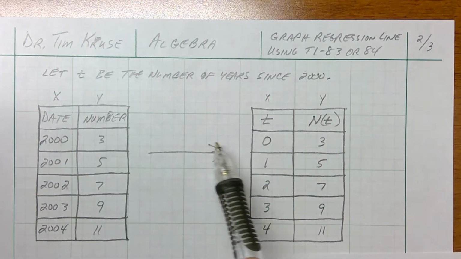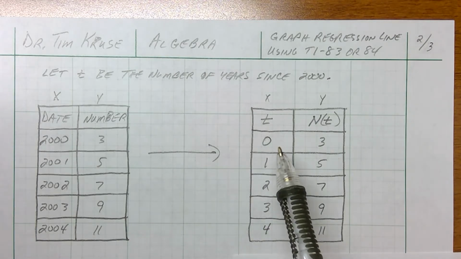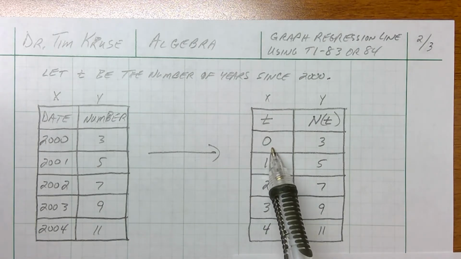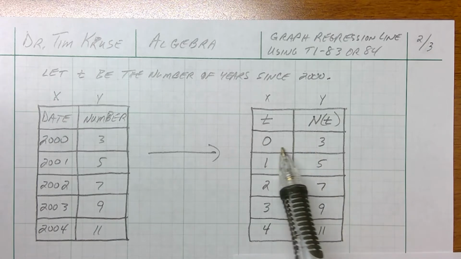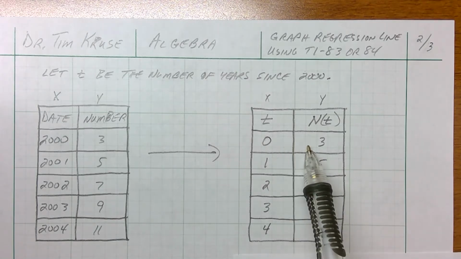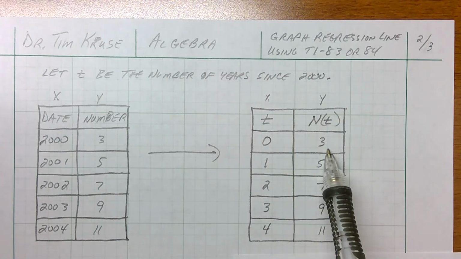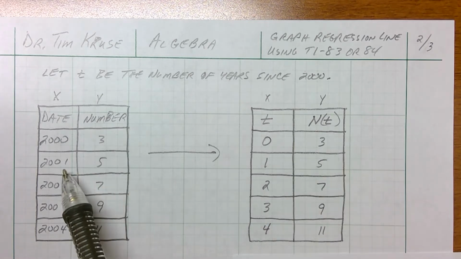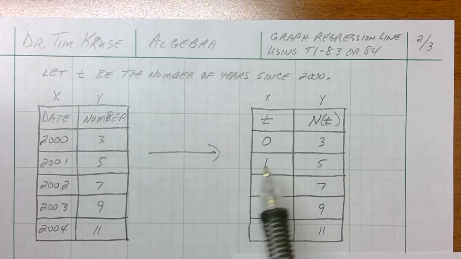Well, 2000 itself, no time has passed. We're going to call that the initial value later. Back in junior high, you called this the y-intercept. At time 0, you were 3 steps up in the air. Now, 1 year later is 1, 2 years later, 3 years later, 4 years later, that's 2, 3, and 4. So we're going to use these numbers in our table for our X values.